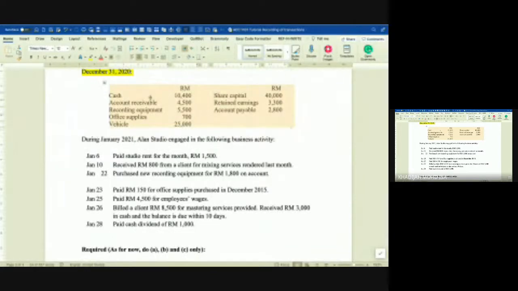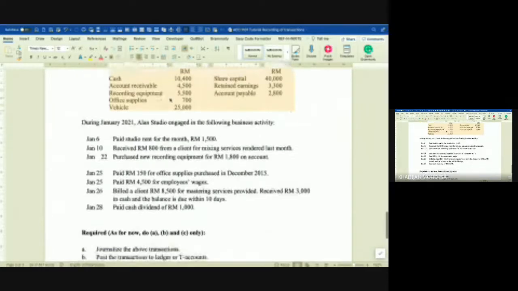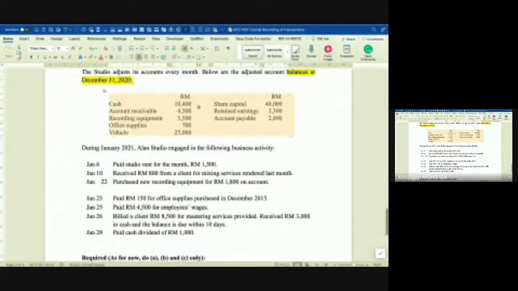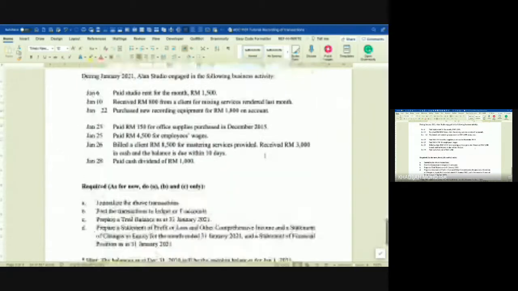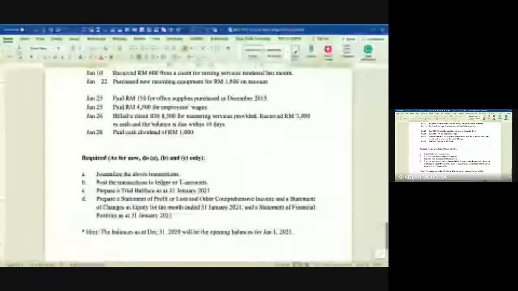Remember that when you do your T accounts, you have to put this as your opening balance, balance brought down or balance brought forward. And then whatever your journal entries from these transactions, post into the T accounts, and only then you close the accounts, then you prepare your trial balance.